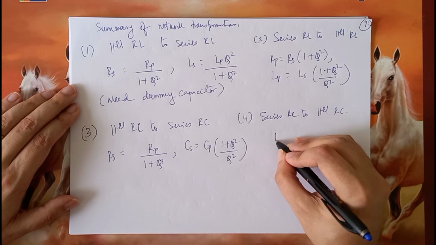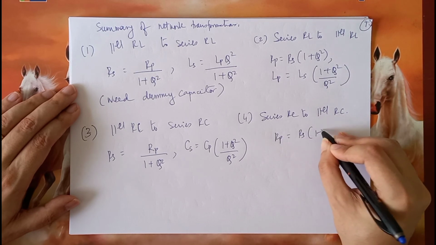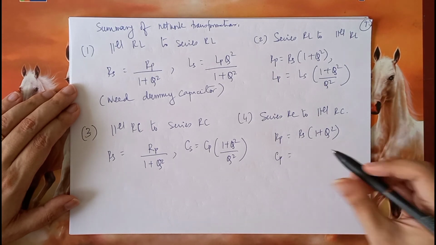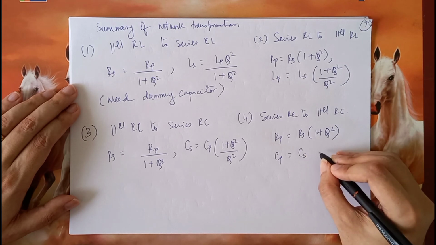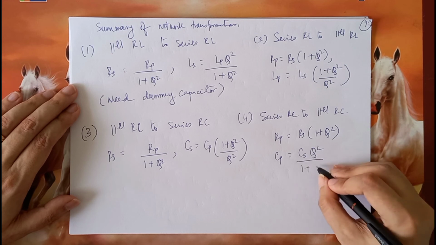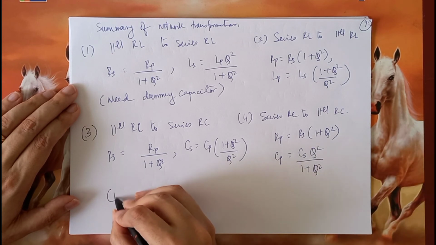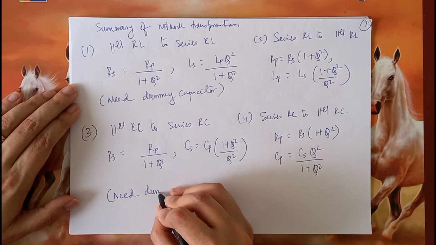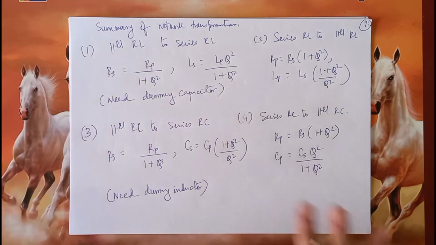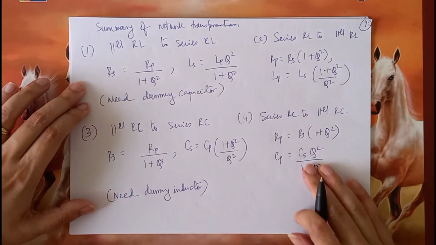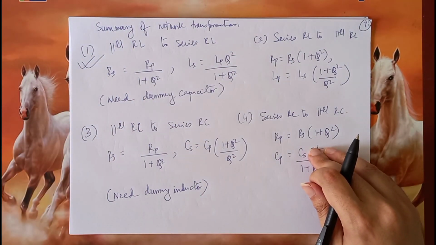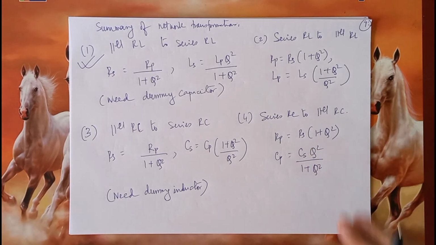Over here you will get Rp is Rs times 1 plus Q square, and Cp is equal to Cs times Q square divided by 1 plus Q square. In both cases, you need a dummy inductor. You can prove 2, 3 and 4 by yourself. The first case we already proved. So in a similar way, you can proceed and complete the proof all by yourself.